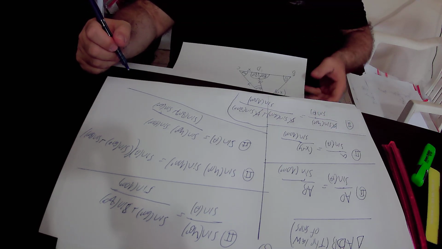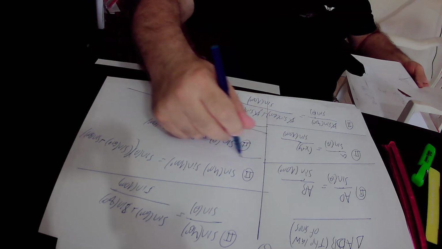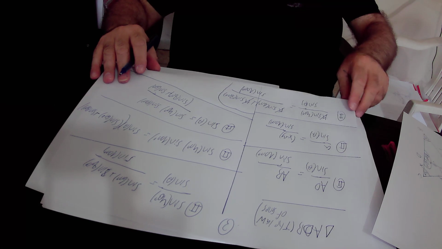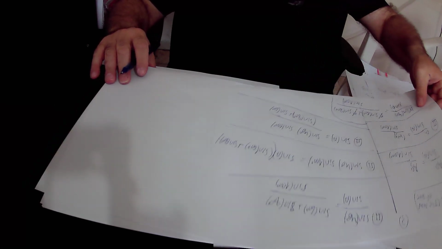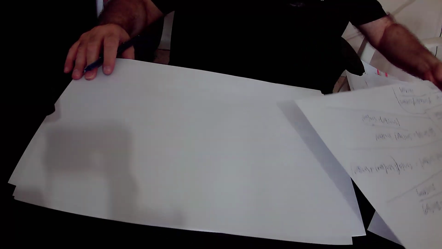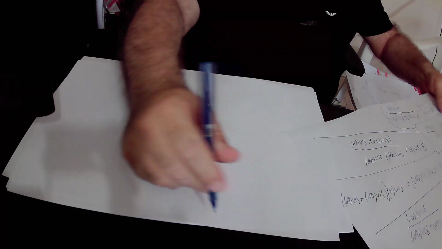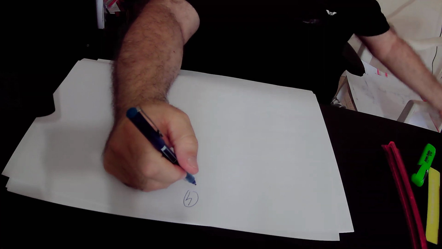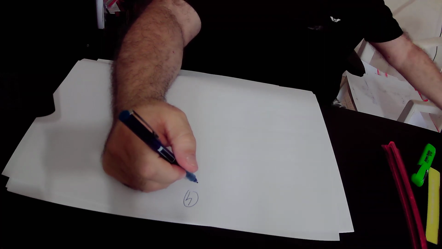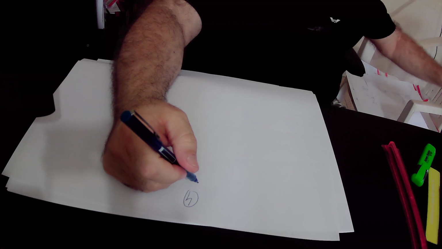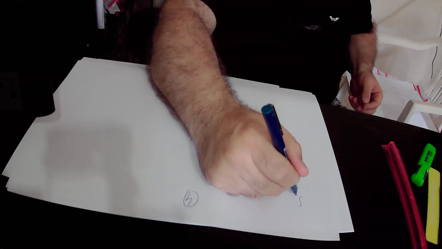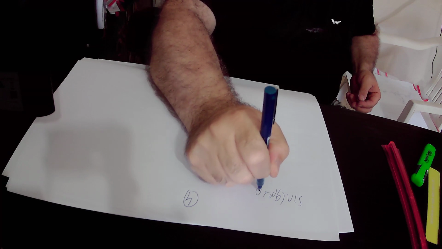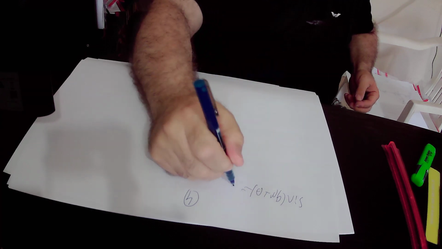So here we have a trigonometric identity that states that sinus 90 degrees plus theta equals cosine theta.